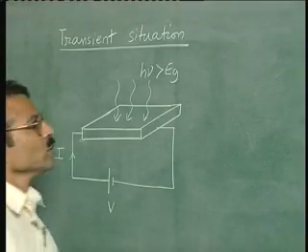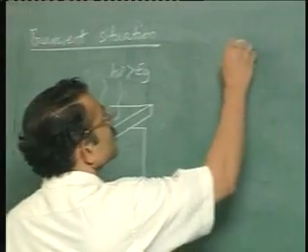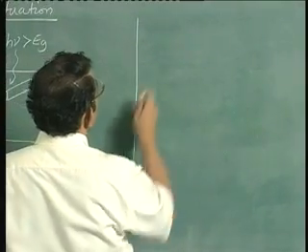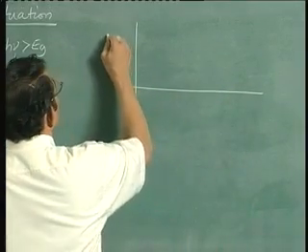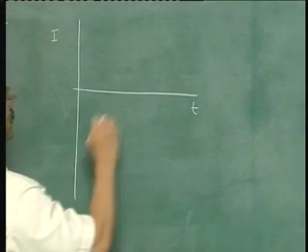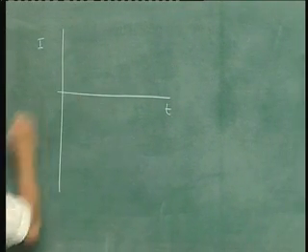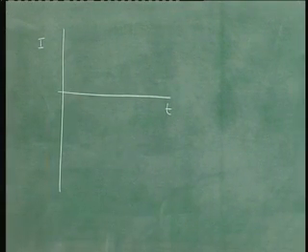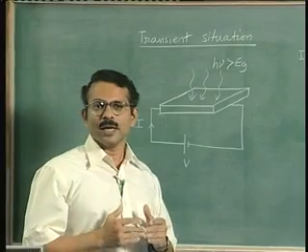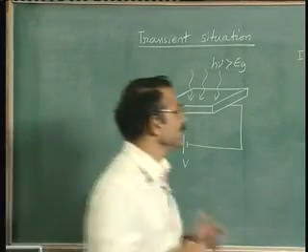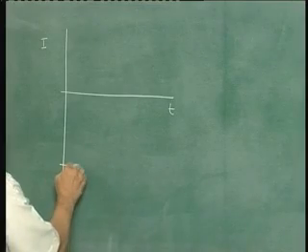So we can show it on a graph. We will plot the current I as a function of time. We will assume that it is the intensity of light that we are changing suddenly. So I am going to plot the intensity here.